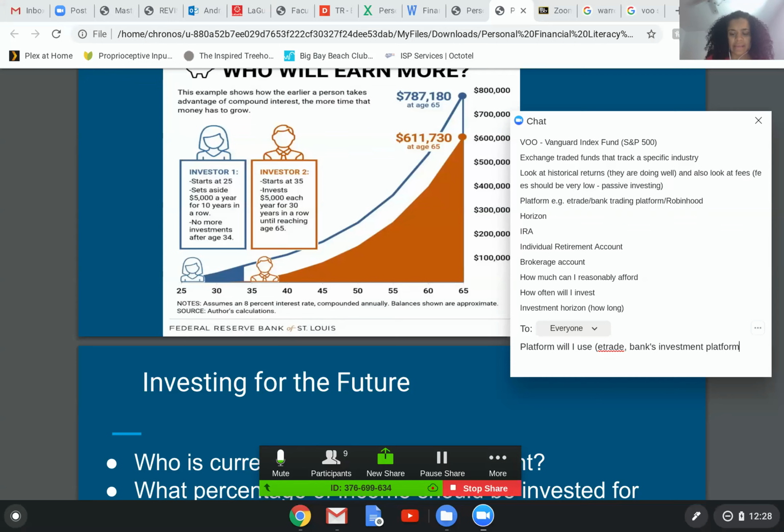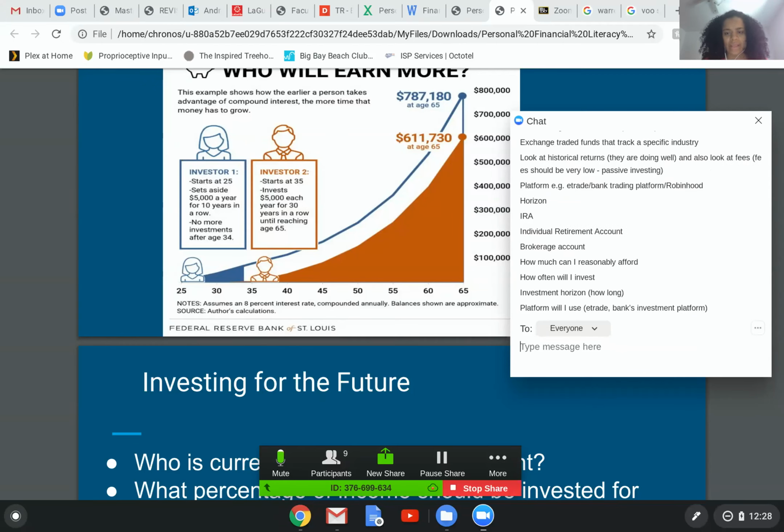Try and identify where you might start putting in your money. And only then do you start with, which instruments will I use? Will it be stocks? Will it be exchange traded funds?